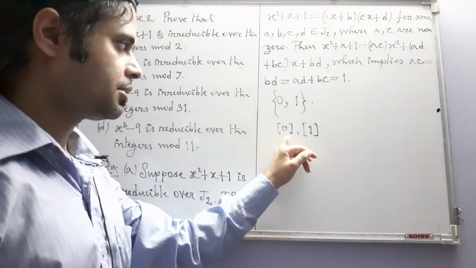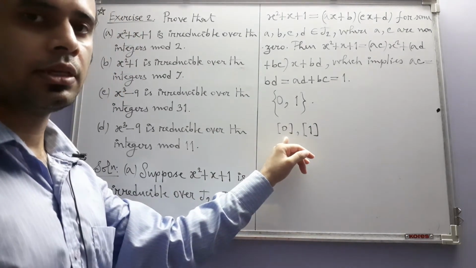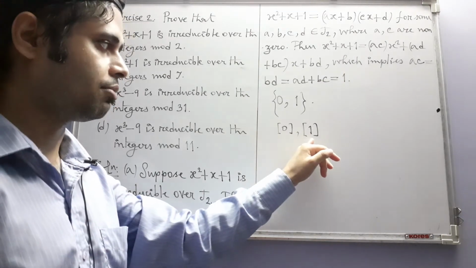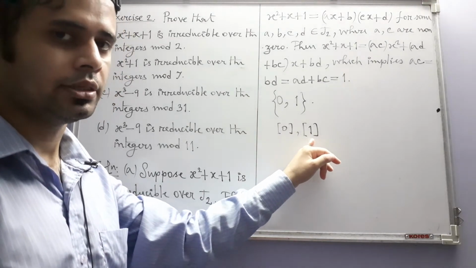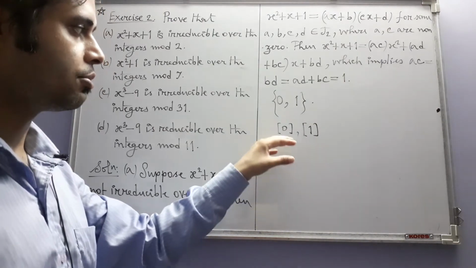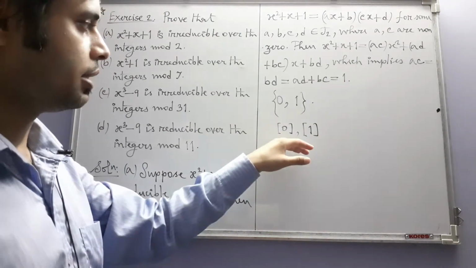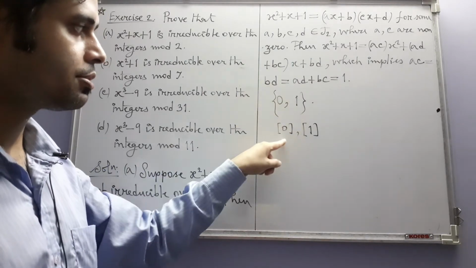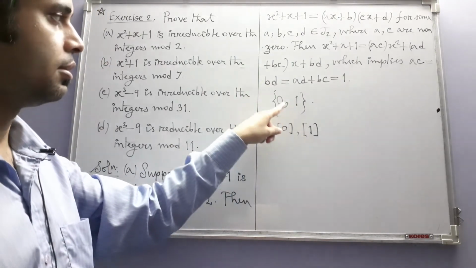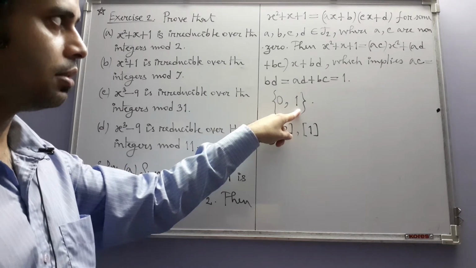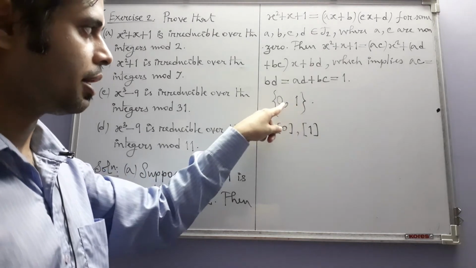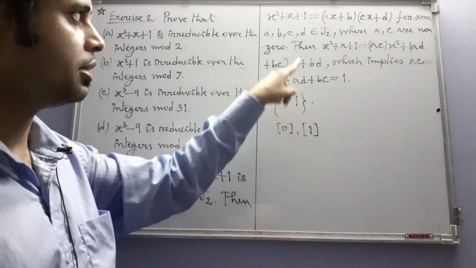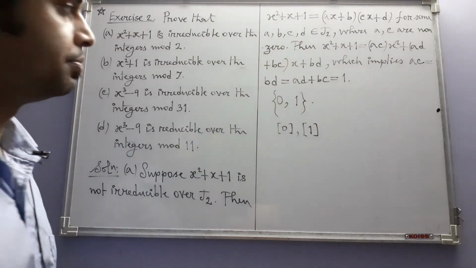Another way of saying this is that 0 is the set of all even integers, and 1 is the set of all odd integers. So if you really get down to what these things are, then these are sets. These are just symbols to denote these sets, and you can make sense of these symbols by considering them respectively as the 0 element and the unique non-zero element in the field J2.